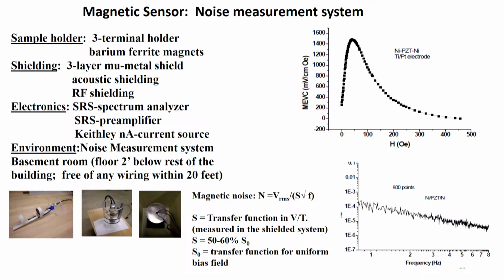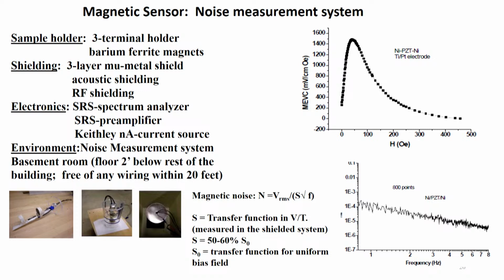So, the spectrum analyzer shows the voltage as a function of frequency. As you see here, as the frequency increases, overall this thing goes down. This would put a limit on the lowest field that can be measured, because this is present without any field applied to the sensor element, correct?